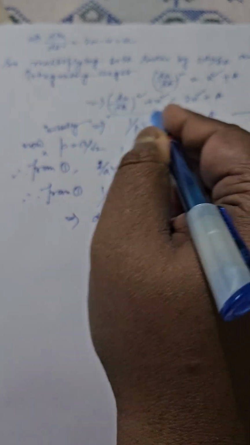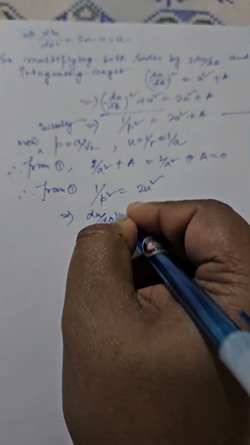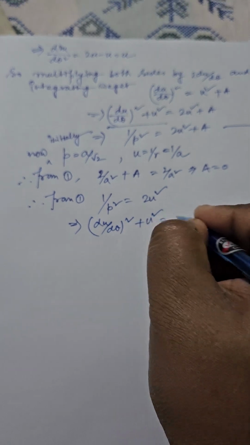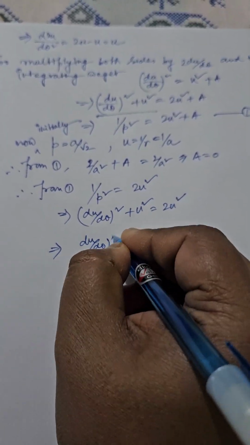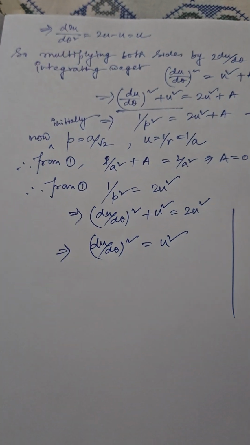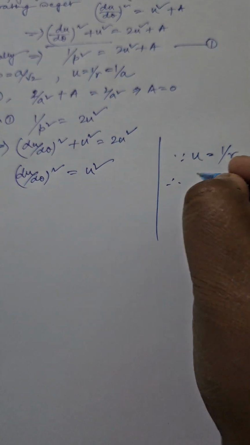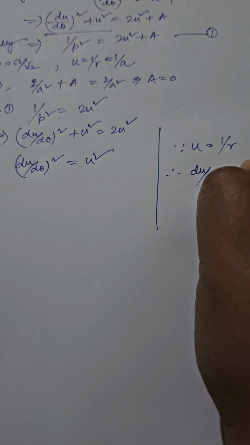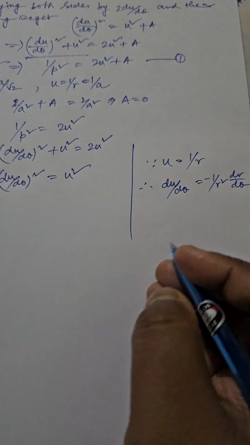So from 1 by p square, that is equals to 2u square. But remember, p square is nothing but du d theta whole square plus u square. So du d theta whole square will be u square. Now u is equals to 1 by r. So definitely you can write du d theta will be minus 1 by r square dr d theta.